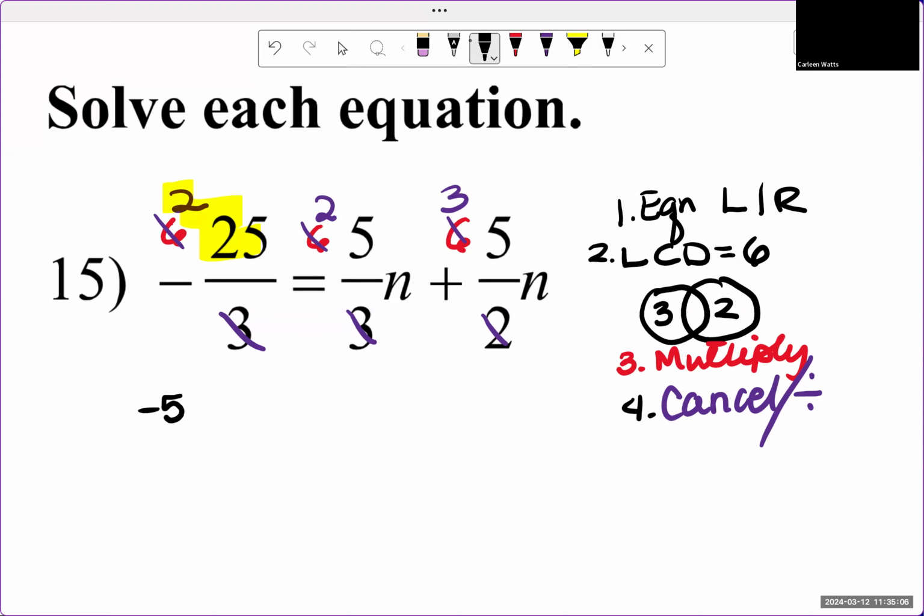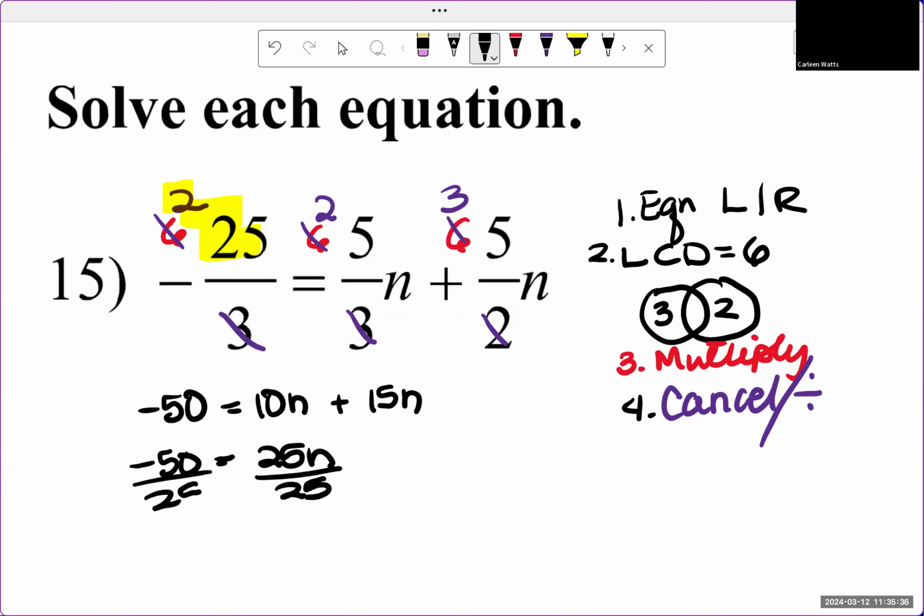Negative 50 is equal to 10n plus 15n. Oh, that's a much easier equation. Yeah, fraction busters. So we have -50 is equal to 25n. Divide by 25. n is equal to -2.